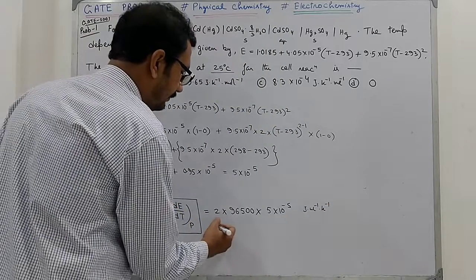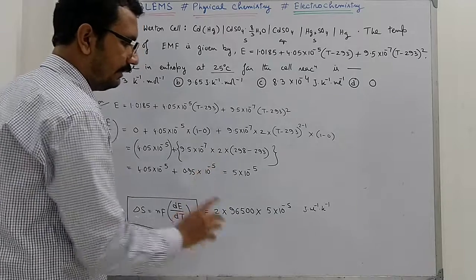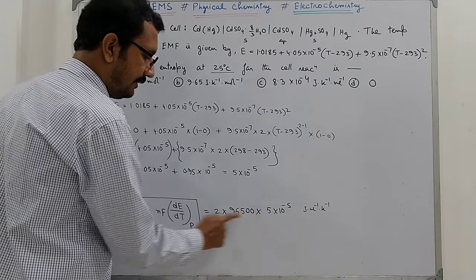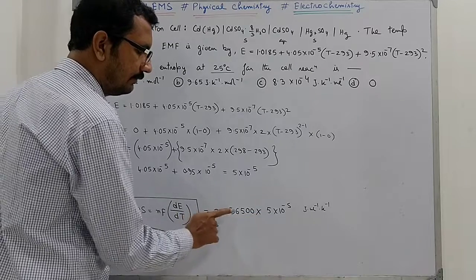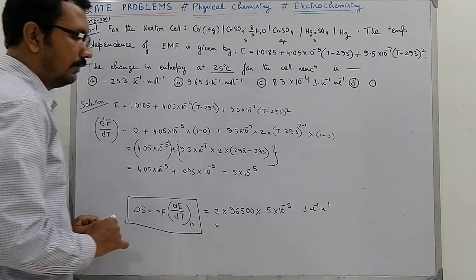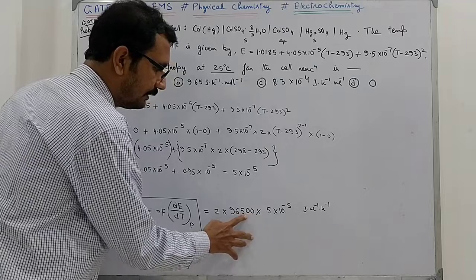Now multiply it. Again avoid use of calculator if it is possible. Then 5 into 2 will give you 10. 10 into 10 to the minus 5 will be 10 to the minus 4. So the point will come 4 digits before.